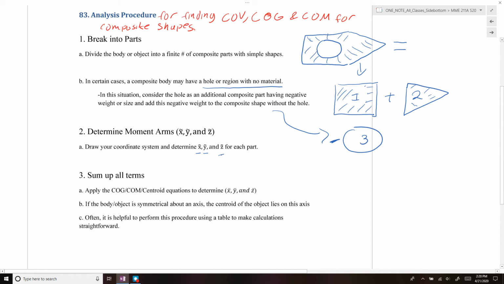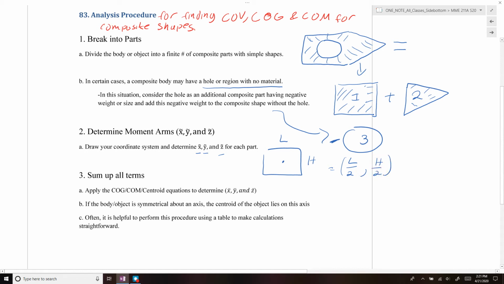All right. So for a square, it's pretty simple. X tilde would be equal to length over 2, and then y tilde would be equal to h over 2.